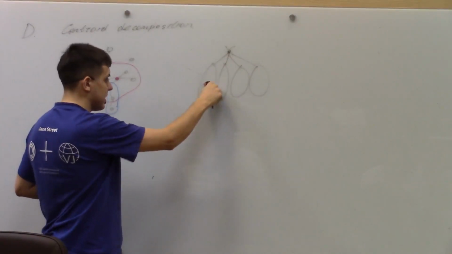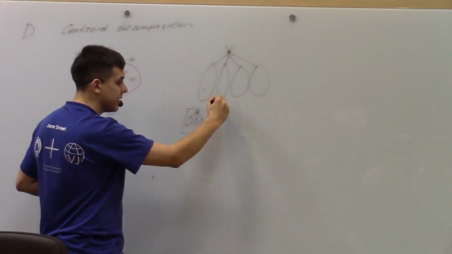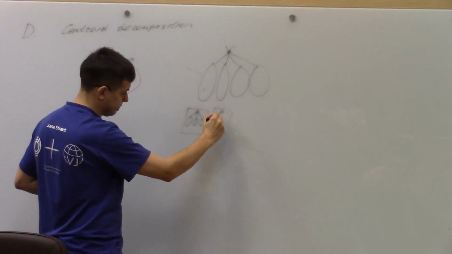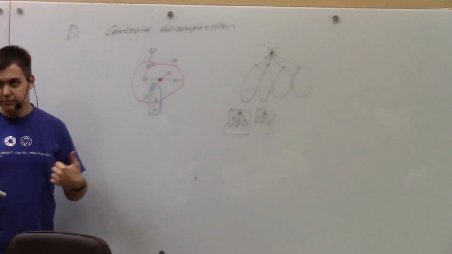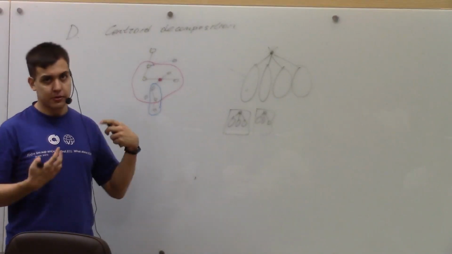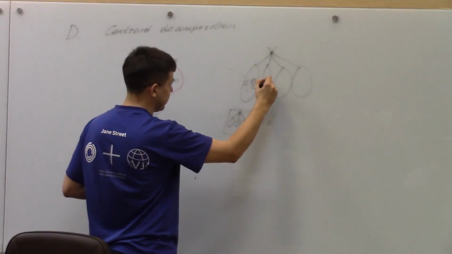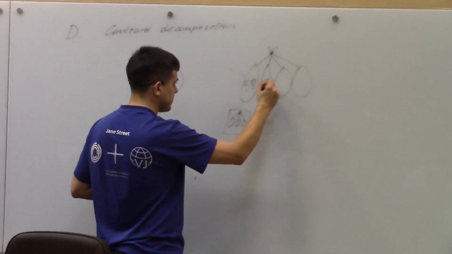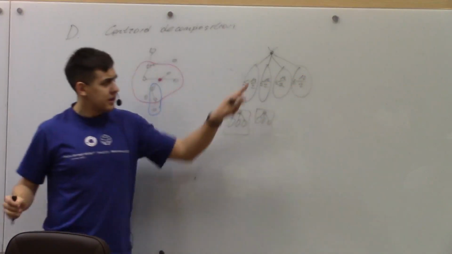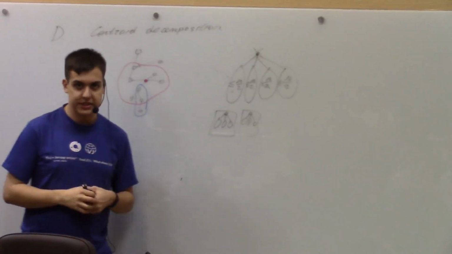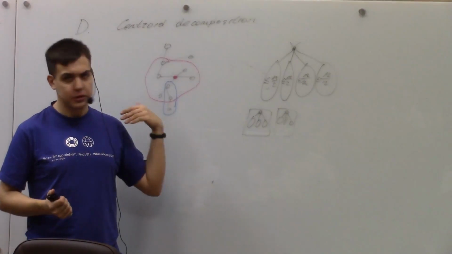Recursively we'll find centroids in each subtree, and so on. A centroid is a vertex, a unique vertex, or there are two of them, such that all the subtree sizes are at most n divided by 2. Because then, if we remove this centroid, the size of each tree is at most half of what it was before.